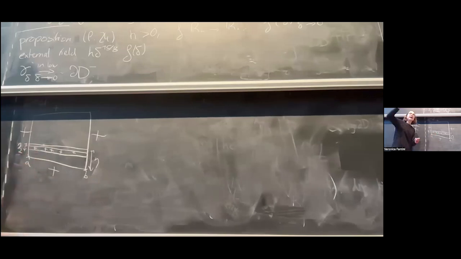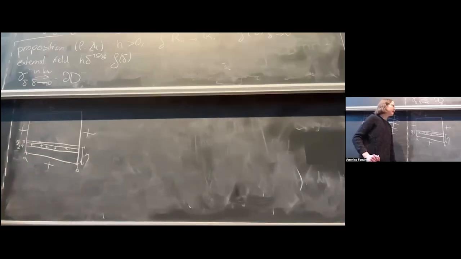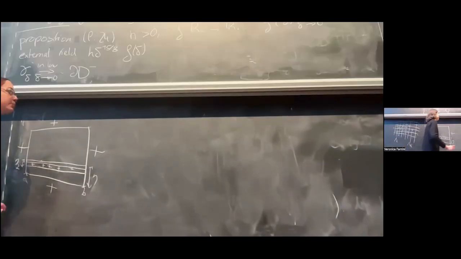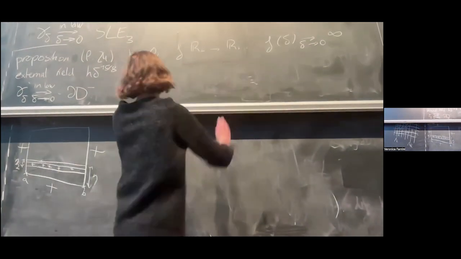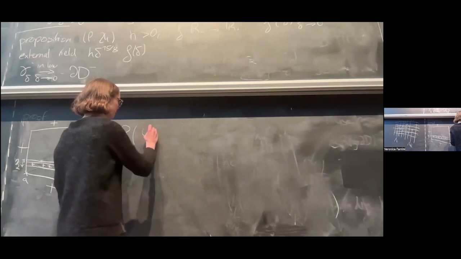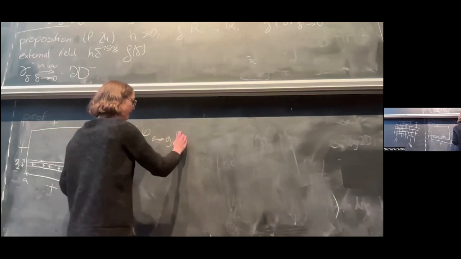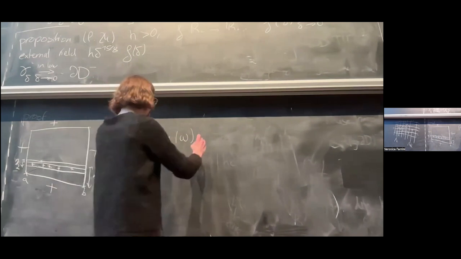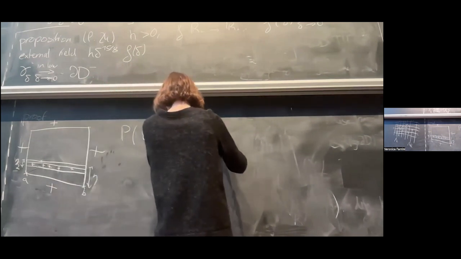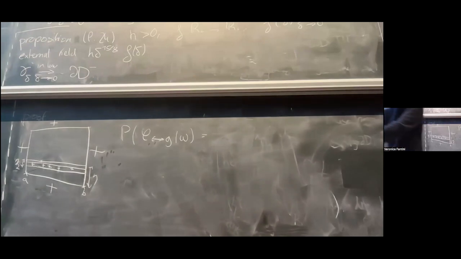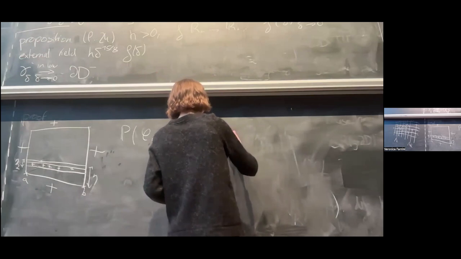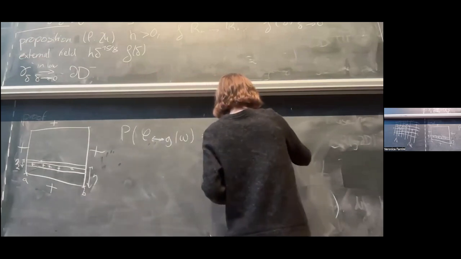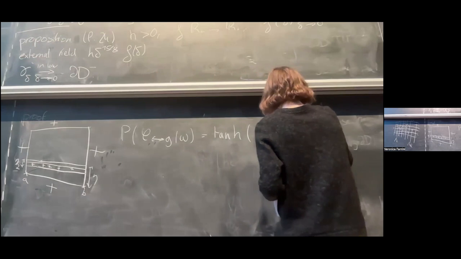And if they are attached to the ghost, they have sign plus. I won't be super precise, but basically, given the configuration, the probability that a cluster is attached to the ghost is given by the size of the cluster times your external field.